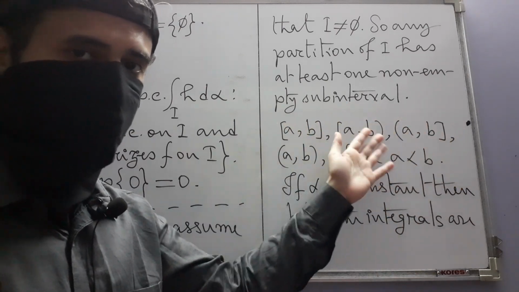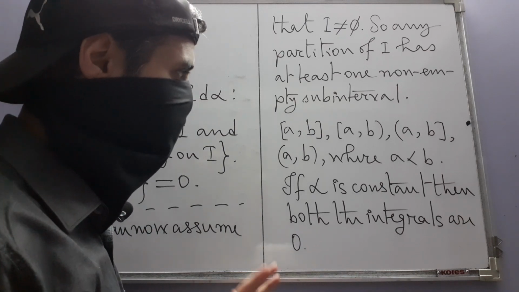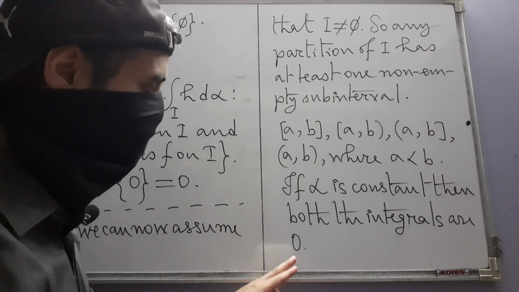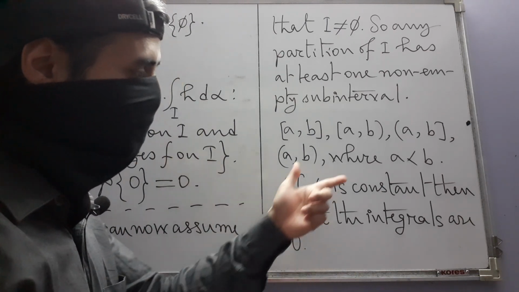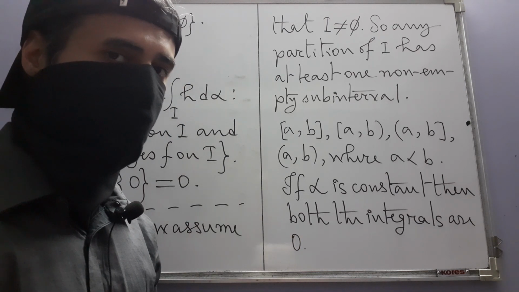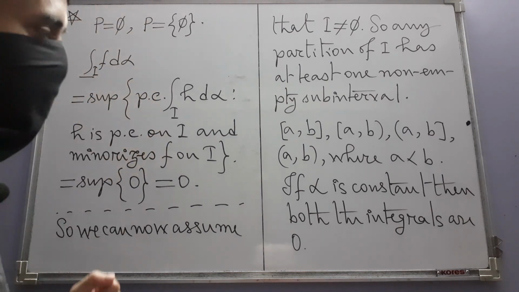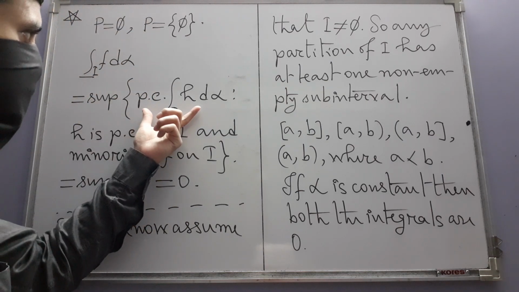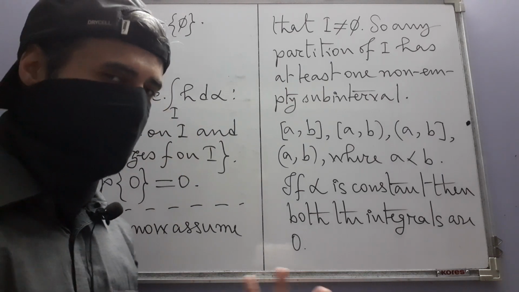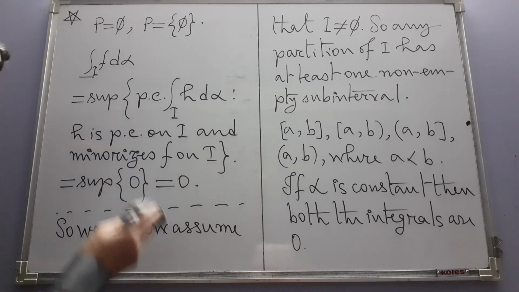I mean, I is one of these, it has one of these four forms. So, I is non-degenerate, that we know. But even then, if alpha is constant, then both the integrals are 0. Again, let me just elaborate a little bit of how that is 0.